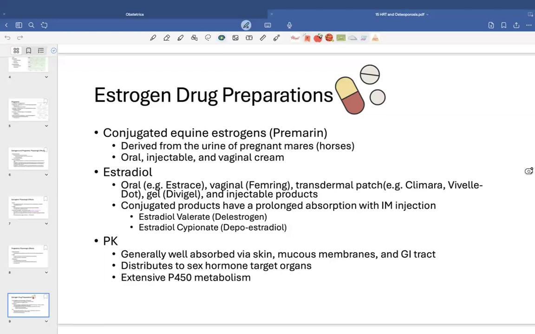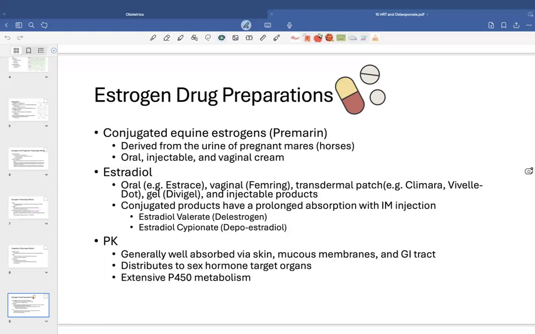So they basically cornered the market on this. And again, for a long time, that was really one of the only games in town. Certainly there are synthetic formulations of estradiol that were used for hormone replacement, but Premarin had a lot of data and they kind of cornered the market for a while.